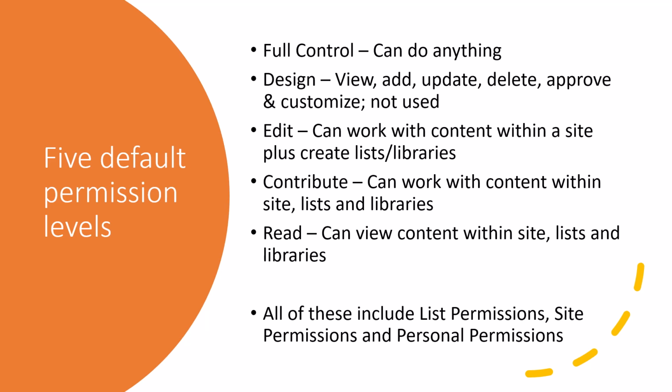Now, the danger of putting your app users directly into any one of these groups is that you're giving them potentially more permission than you really want to. For example, if you put them into the members group and give them edit permission, they can not only view those lists and libraries directly, but they can also change the structure of them.